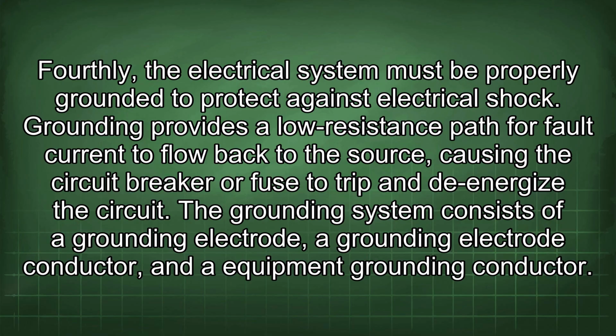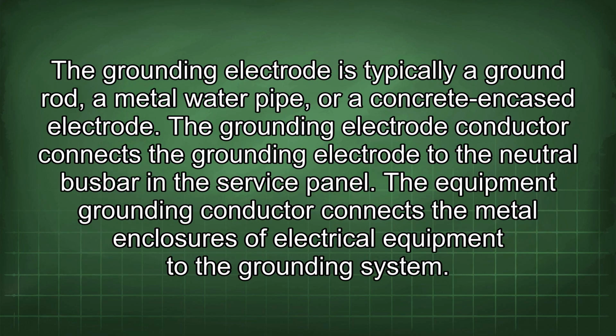The grounding system consists of a grounding electrode, a grounding electrode conductor, and an equipment grounding conductor. The grounding electrode is typically a ground rod, a metal water pipe, or a concrete encased electrode. The grounding electrode conductor connects the grounding electrode to the neutral busbar in the service panel.